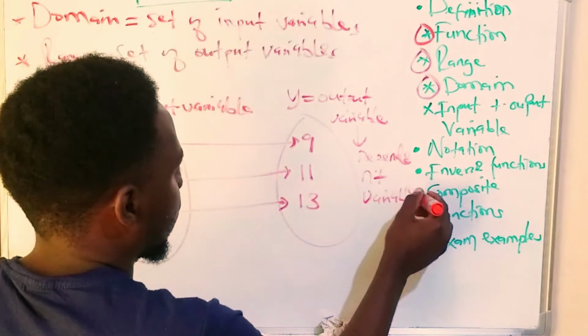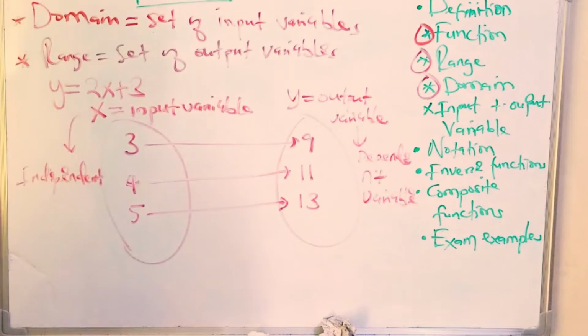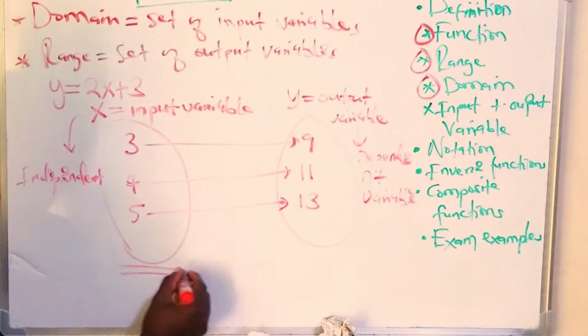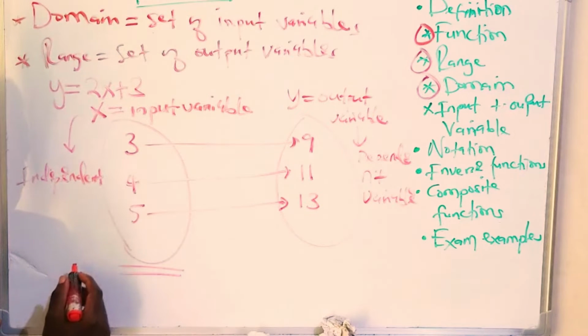Why dependent? Because they actually depended on the values of x that we chose at random there.